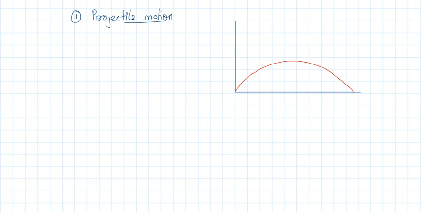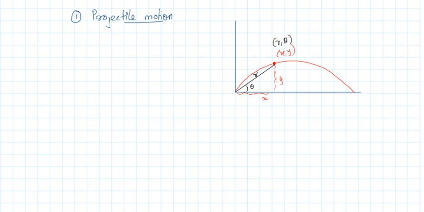At any instant of time, you can use either the Cartesian coordinates x and y, where this height is y and this length is x, or the polar coordinates r and θ, to represent the position of the particle at any instant of time t.